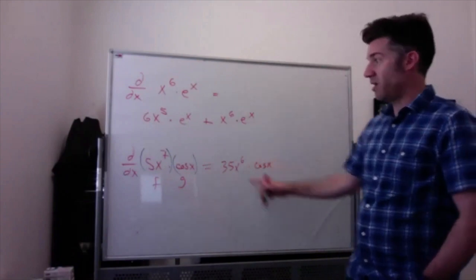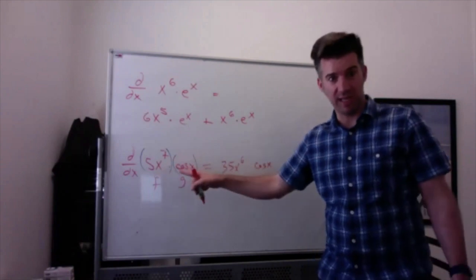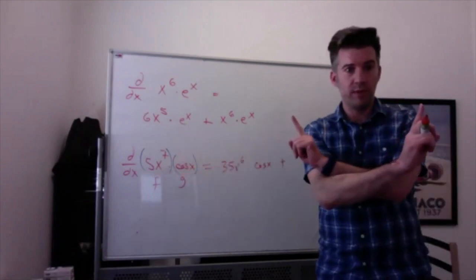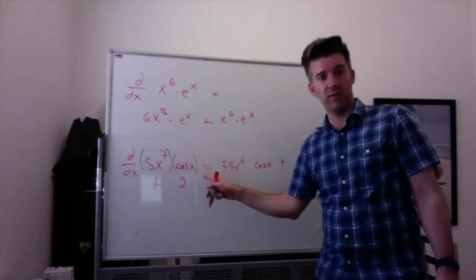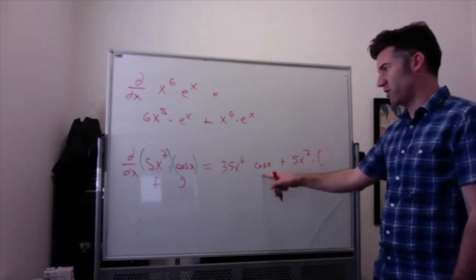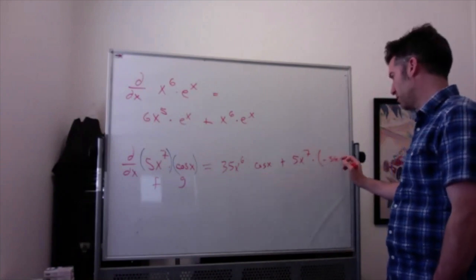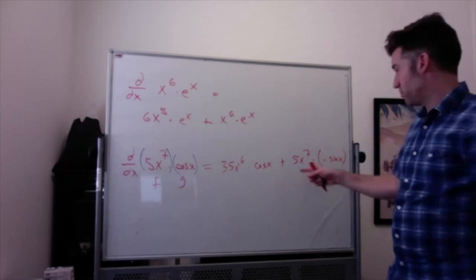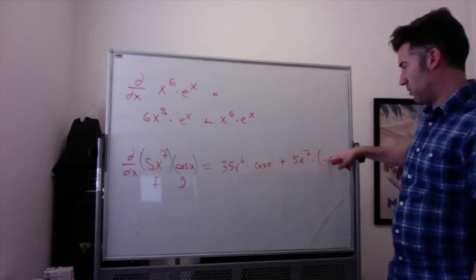Or as I like to say, the derivative of the first thing, leave the second thing alone, plus then switch it. Leave the first thing alone, take the derivative of the second thing. Derivative of cosine is negative sine of x. And in this case, I definitely would rewrite it as this minus that, with the minus sign there.